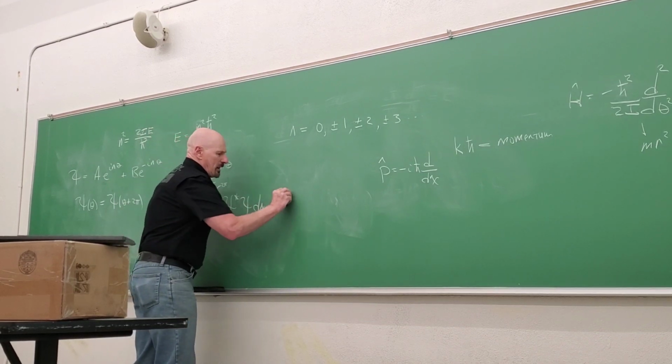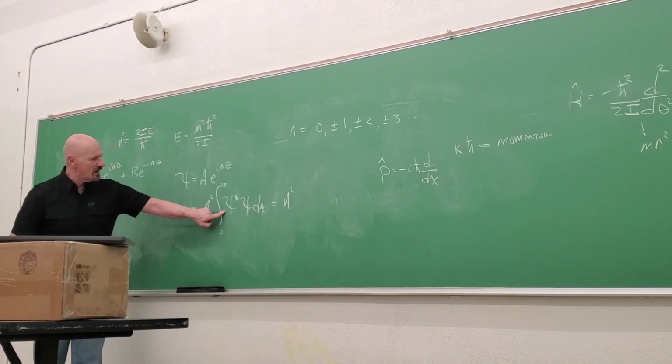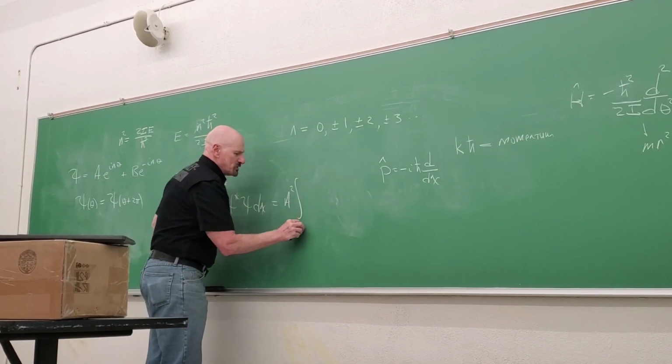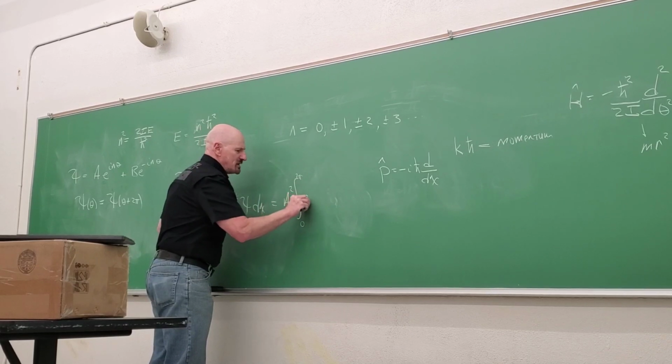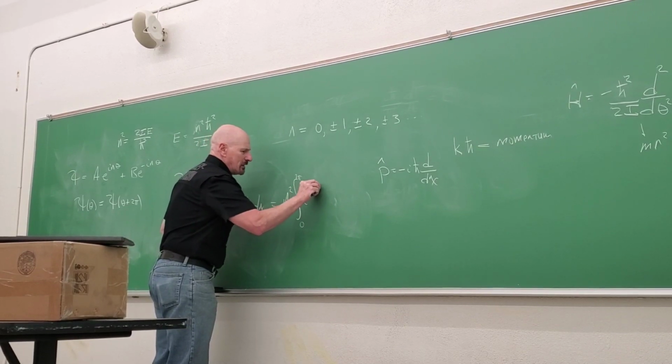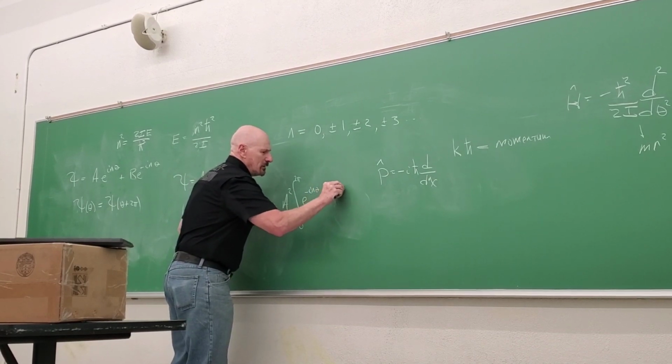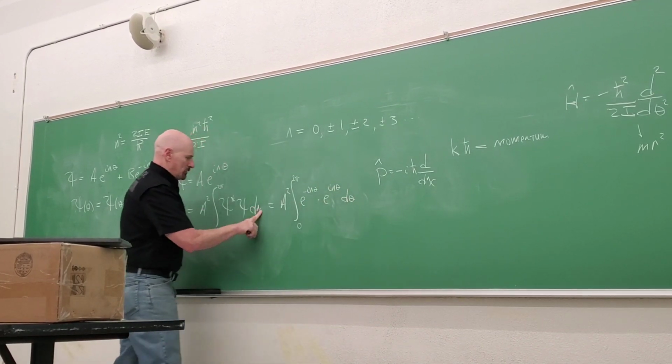So this then becomes dx A squared. Now, of course, psi star is just complex conjugate. So we're going to have an integral from 0 to 2 pi of e to the minus i n theta multiplied by e to the i n theta d theta.